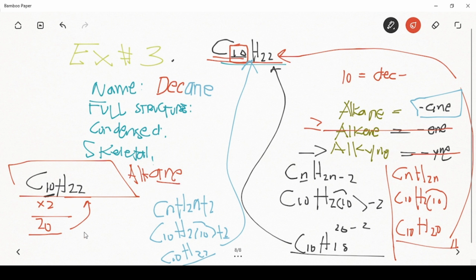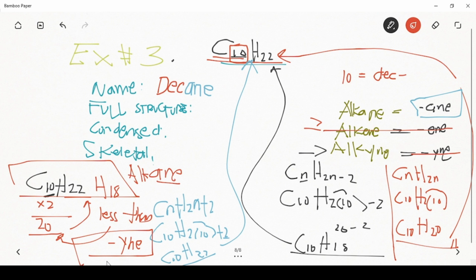But if the number is less than the answer, then you must use the suffix yne. So if it's C10H18, and you multiply 10 by 2, it will be 20. So 18 is less than 20, therefore it is an alkyne.